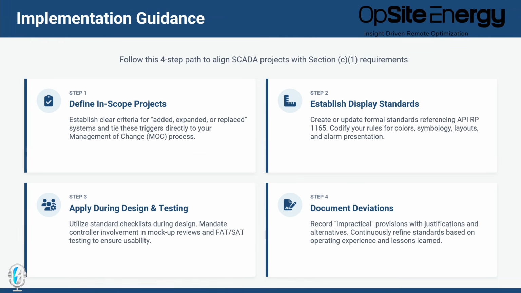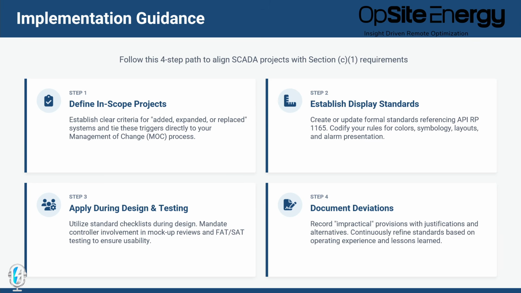So give us that guidance, Daniel. You've got this 4-step guidance, things that you really just want to focus on. I'm sure we're just reiterating what we've already talked about, but this gives you a little more clarity in terms of the implementation guidance. Yeah, so what we have here is, again, defining your scope for your projects.